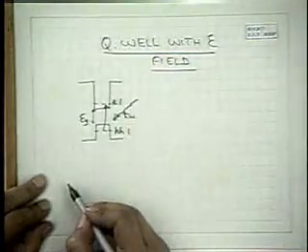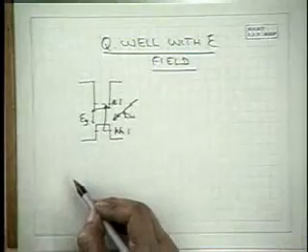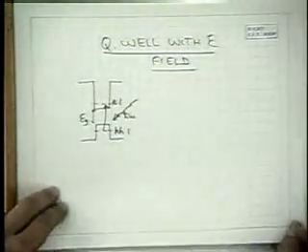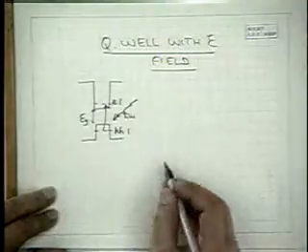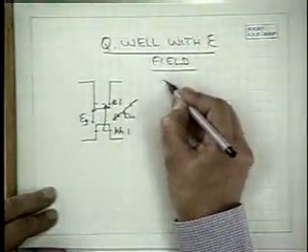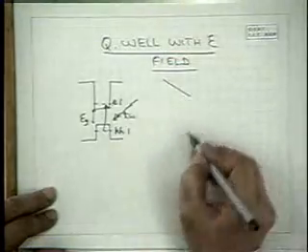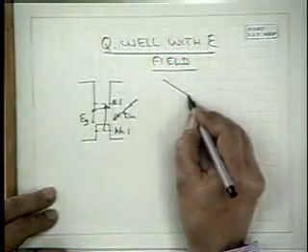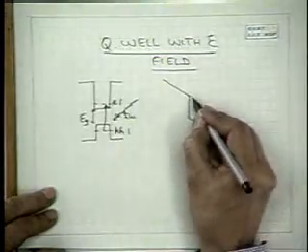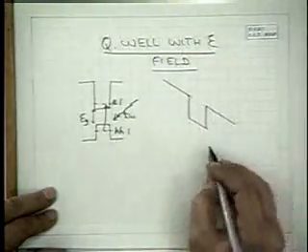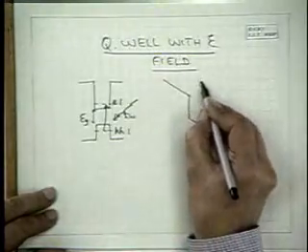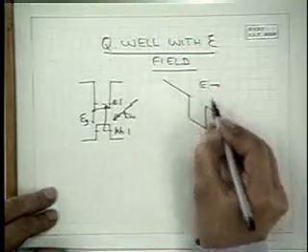Now, if you apply an electric field, we've discussed what happens with electric field. We have Stark effects coming in, and with an electric field, the energy bands are tilted. That is the conduction band, and the electric field is in this direction.